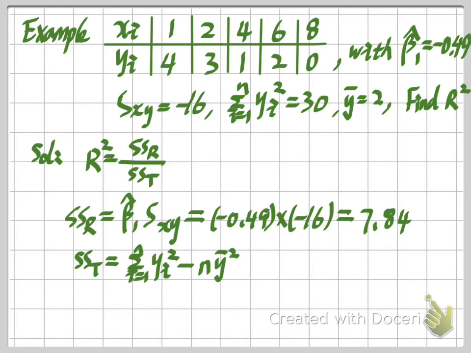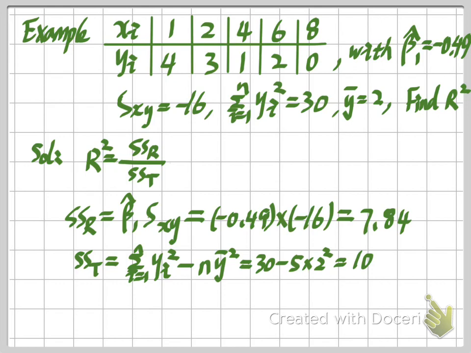We used this equation in our previous videos, so we can directly plug in: 30 minus 5 times 2 square. By calculator, this is equal to 10. So now we have our numerator and denominator.